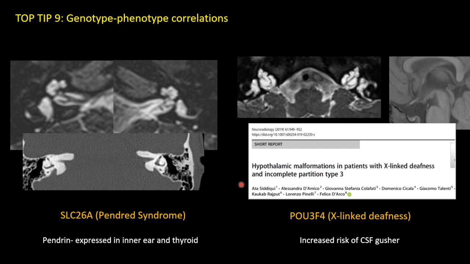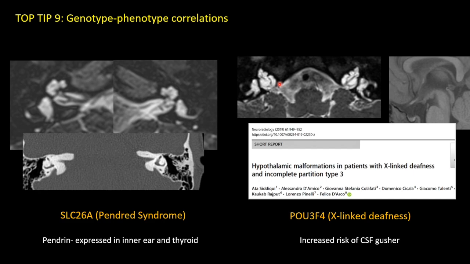Another good example of strong genotype-phenotype correlation is X-linked deafness caused by POU3F4 mutations. This is characterized by congenital mixed hearing loss, which is profound and progressive. The sensorineural hearing loss component is due to the symmetric cochlear malformation, and the conductive component is attributed to a fixed stapes or third window phenomenon.